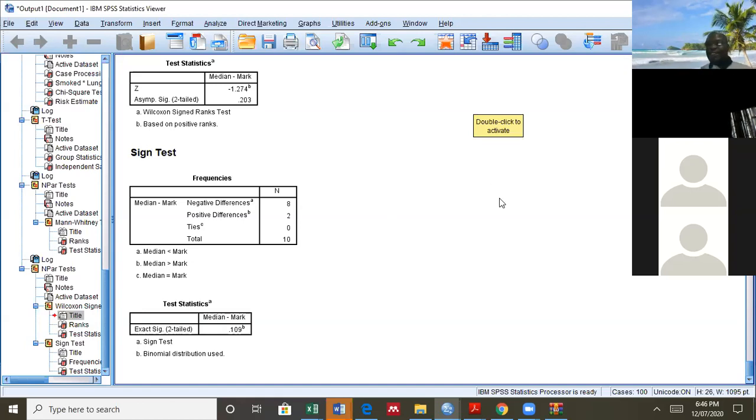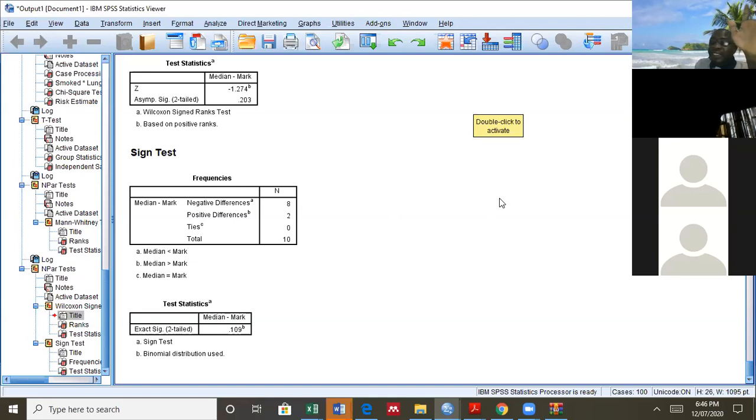So this sign test, together with another one we're going to do next, is what they call the median test. Although all of them are, the reason they call it a median test is that we use the median here.